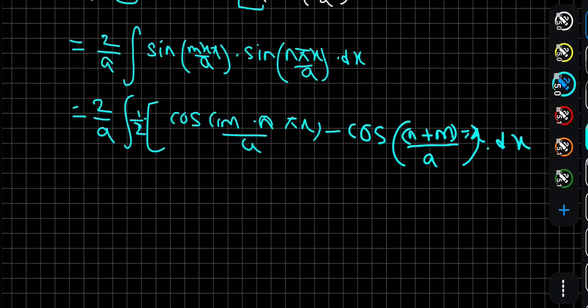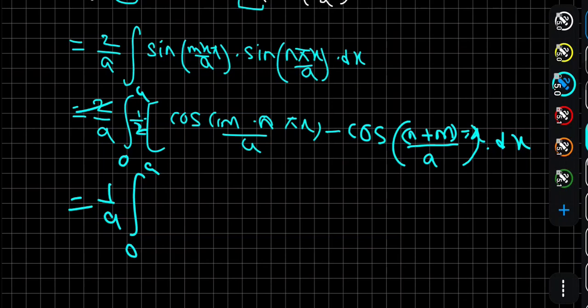This is our integral. Evaluating further, the 2 and 2 will cancel out, from 0 to a.